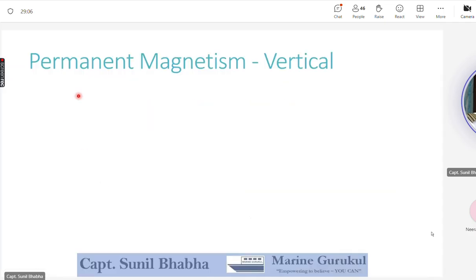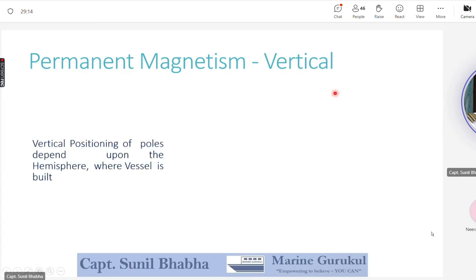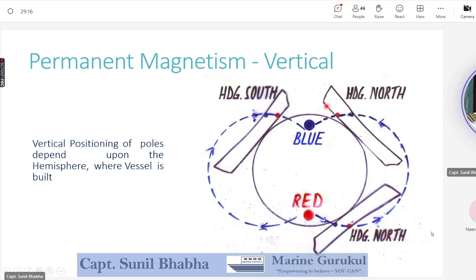Now let's see the vertical positioning of the poles of the permanent magnetism of the ship. Now for this, let's make another diagram. In this diagram, you can see the Earth, and in the Earth we can see the north magnetic pole, which is blue, represented here, and you can see the south magnetic pole, which is red, represented here.